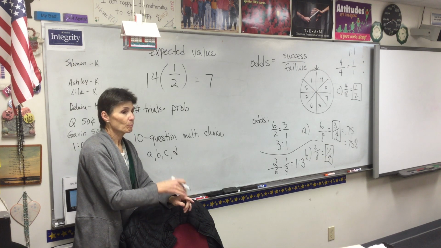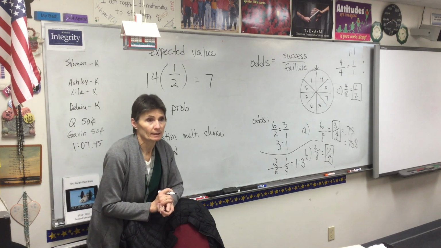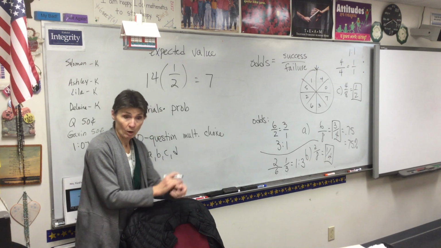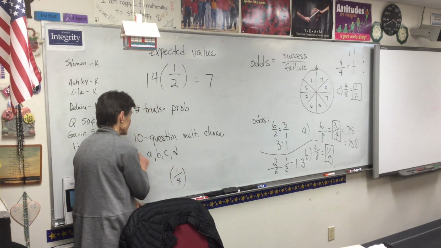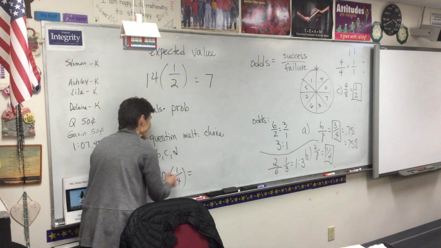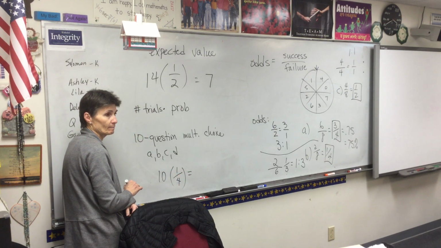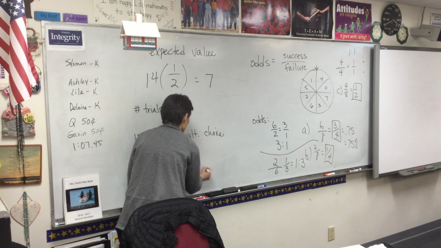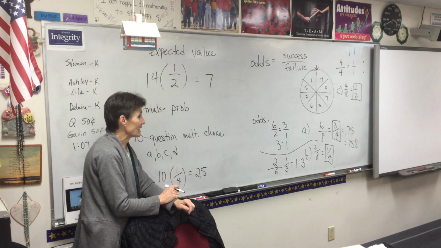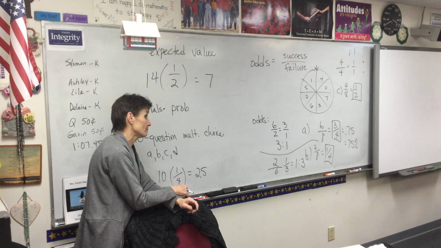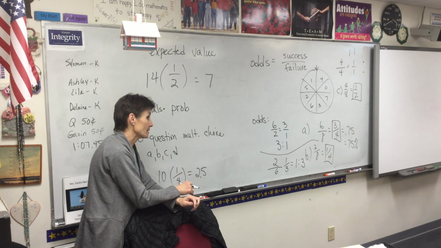Well, what's the probability you'll guess correctly? 1 out of 4. How many times are you guessing? 10. So what's 10 times 1/4? 2.5. So with random guessing, you can expect to get between 2 and 3 correct. Just random guessing.